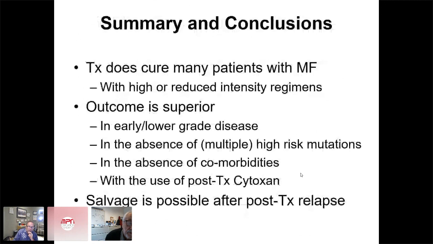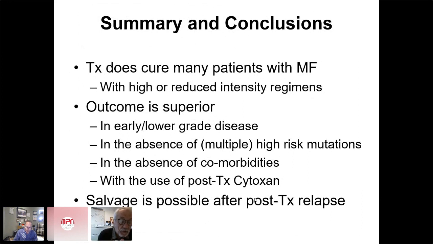Next slide, please. So a very brief summary: transplantation does cure many patients with MF, but it does not guarantee a cure. There is a relapse rate, maybe in the range of 10 to 15%, both with high intensity or reduced intensity regimens. There's a trade-off, as I pointed out, between relapse and non-relapse mortality.